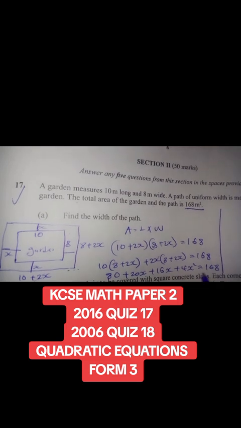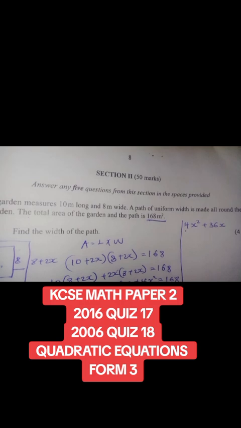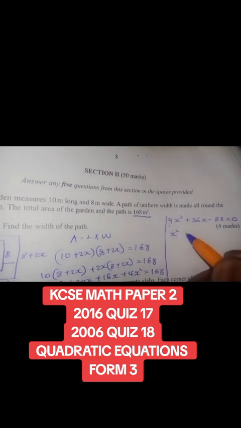Collecting like terms together, I bring 80 to that side, so I'll be having 4x squared plus 36x is equal to 168 minus 80, that is 88. So we'll have 4x squared plus 36x minus 88 is equal to 0. Then divide by 4 on both sides so that we can have a smaller equation.